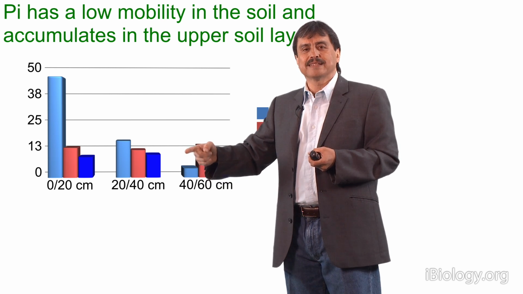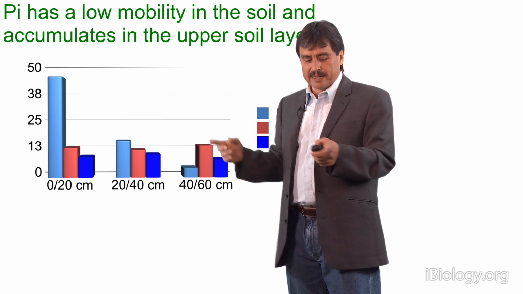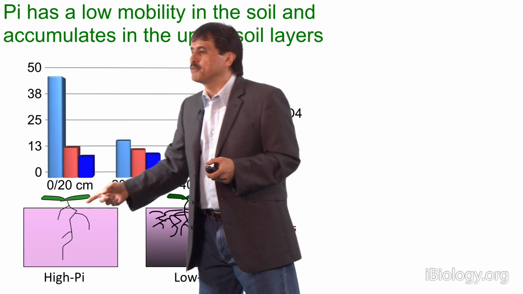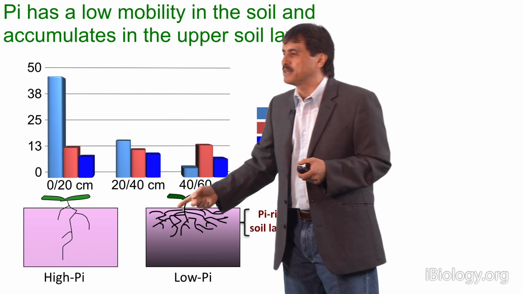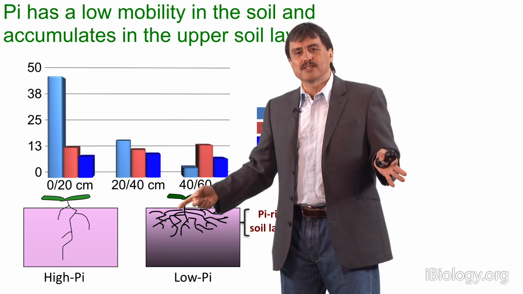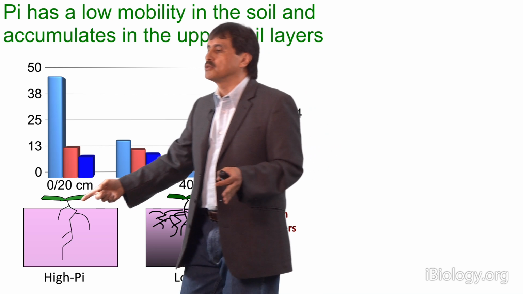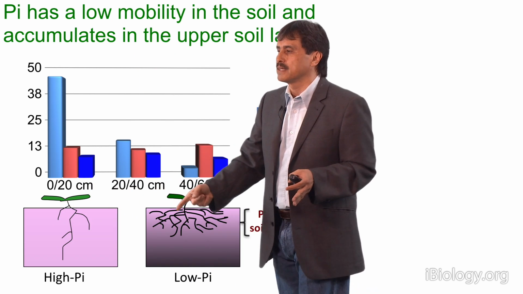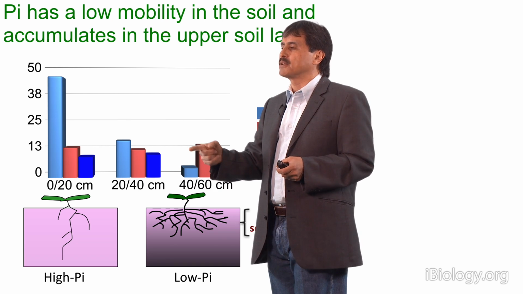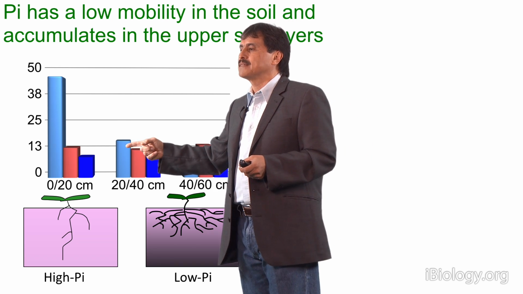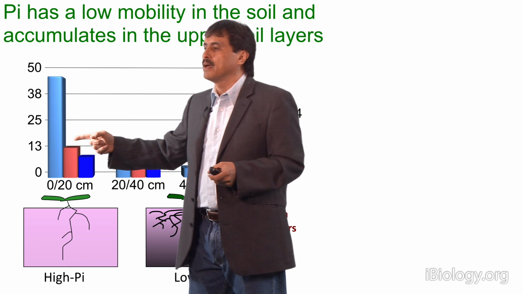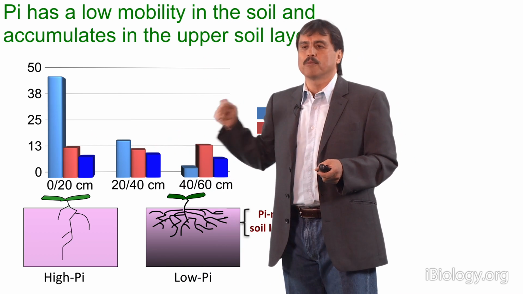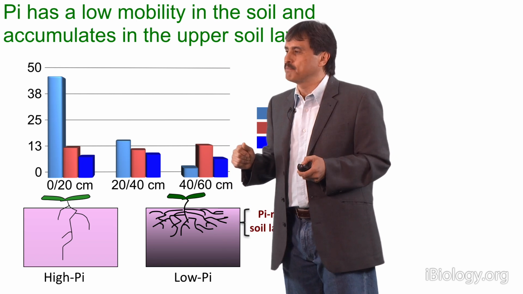So because of this accumulation of phosphate in the upper layers of the soil, it will be more favorable for a plant for phosphate uptake to have a shallow, highly branched root system than a long root system that will be more efficient in taking up water than nutrients. And this is particularly important for phosphate because nutrients that freely diffuse in the soil have similar concentrations independently of the depth of the soil.